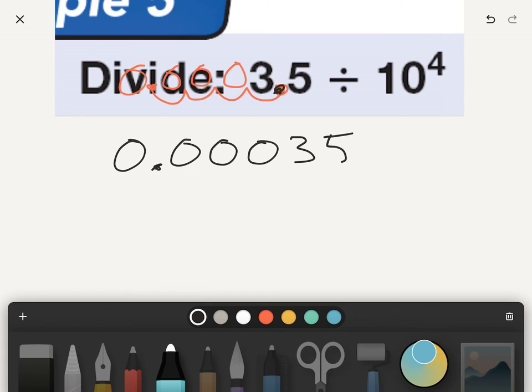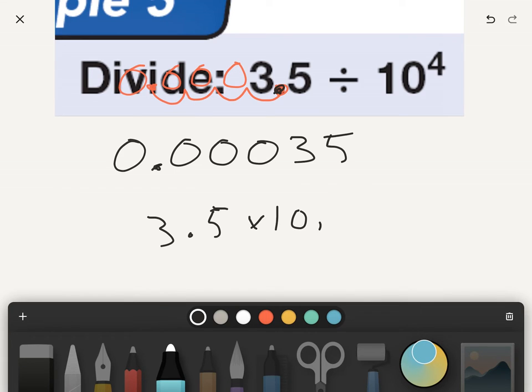Well, basically, if we're multiplying, so say we had 3.5. See, this is why I do not like the word easy. What's easy for one person is not easy for another, and that's kind of cool. So say we had it times 10 to the power of 4.